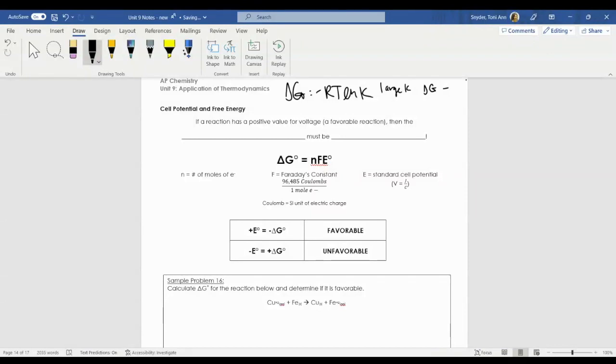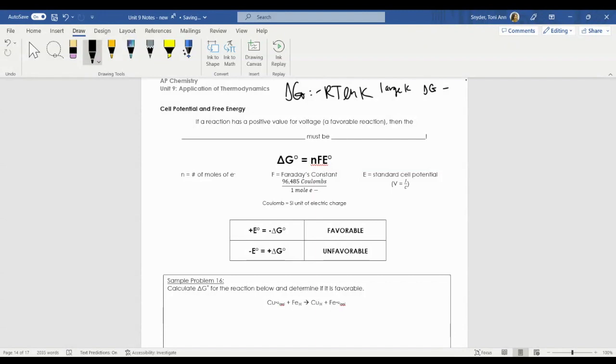There is another relationship between free energy and cell potential. In the last video, we looked at cell potential. In a voltaic or a galvanic cell, we have to have an oxidation and a reduction reaction, and we can calculate the voltage that's either required or produced during that process when that transfer of electrons occurs.